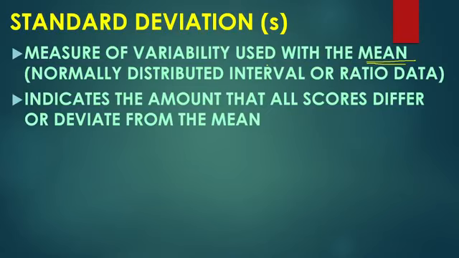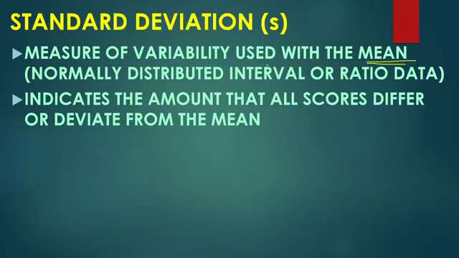So again, correction, the standard deviation is used with the mean. The median and the mode, unsay gamiton basta median and mode ang atong reference? Range. Very good. So again, if you are having range, it's used with the mode and the median. If you're having standard deviation, it is used with the mean.